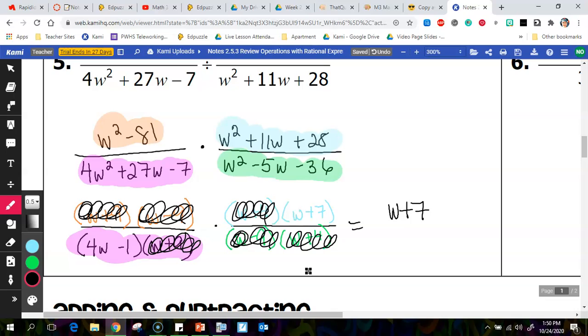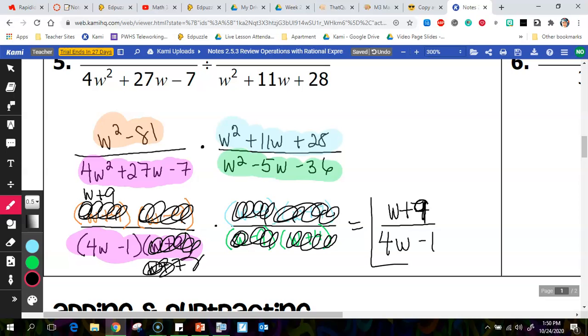This should have been a w plus 7 down here. So that would have meant my w plus 9 would stay. So the w plus 7's cancel, and this makes a w plus 9 in the numerator. And then my denominator is 4w minus 1.